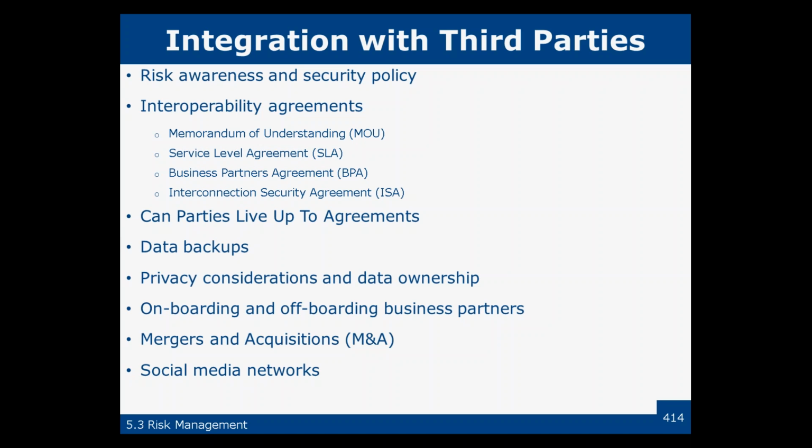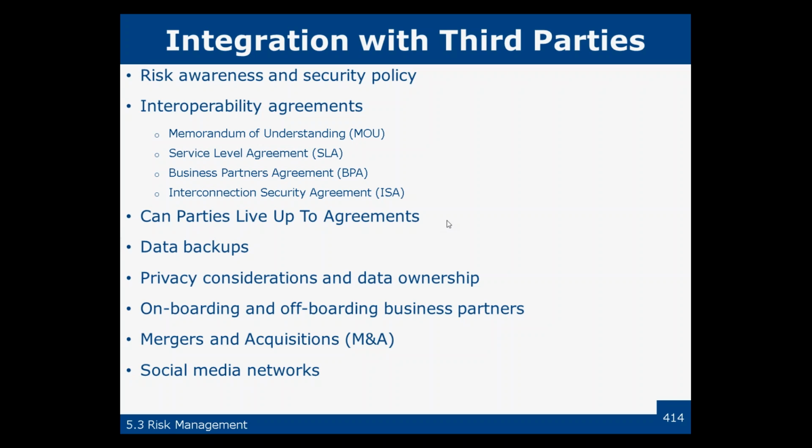And then interconnection security agreements are defined by NIST, and any federal agency interconnecting its IT system to a third party has to have an ISA in order to execute the agreement.